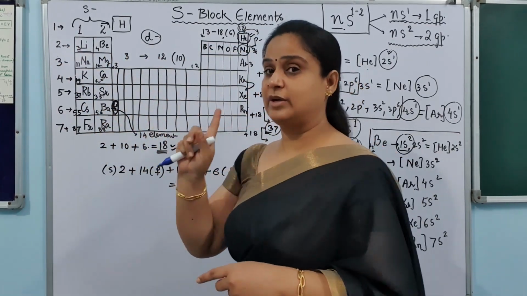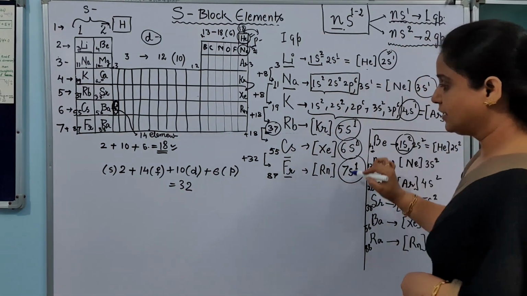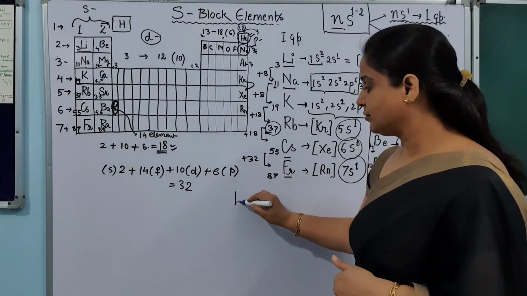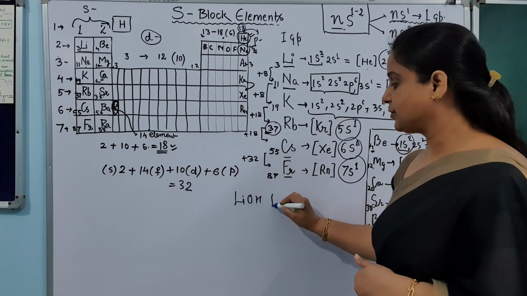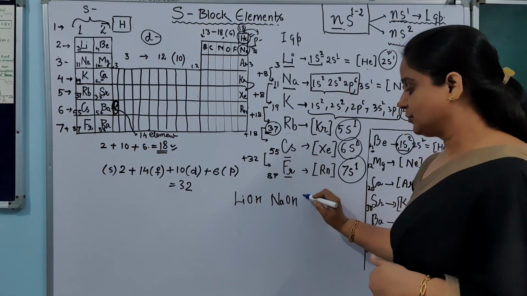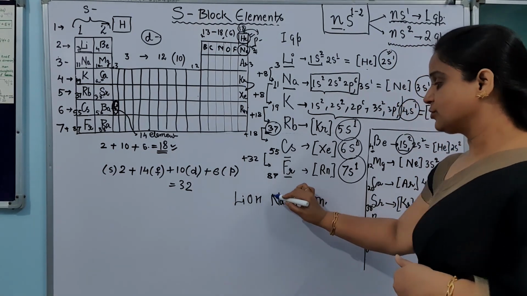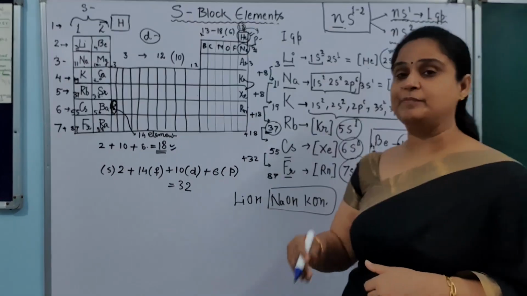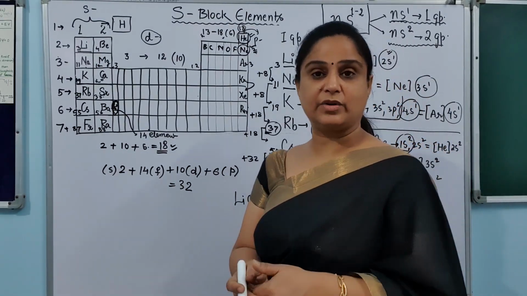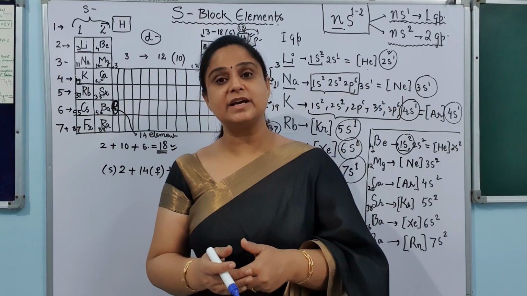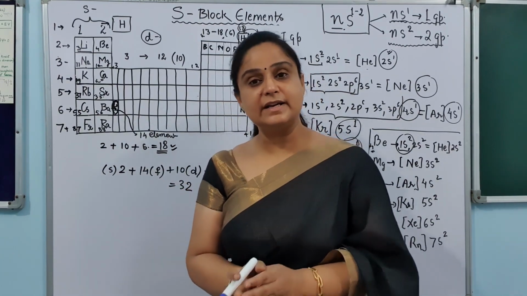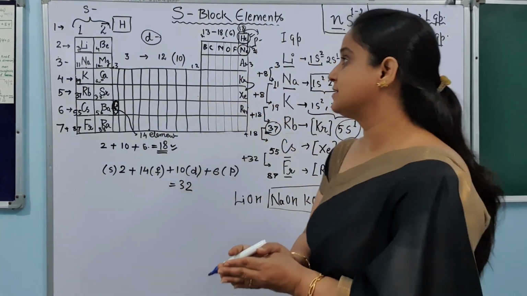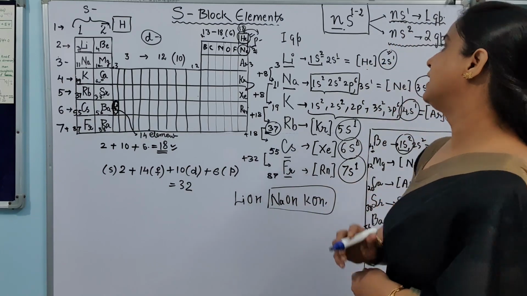Okay, and one more important thing: we know that lithium forms LiOH, sodium forms NaOH, potassium forms KOH. So all these elements form hydroxides when they are dissolved in water, and these hydroxides are soluble in water, and that is why these metals are called alkali metals.